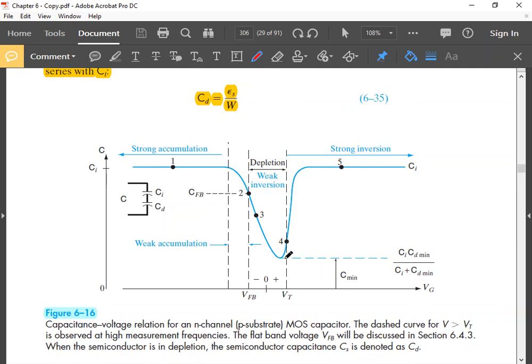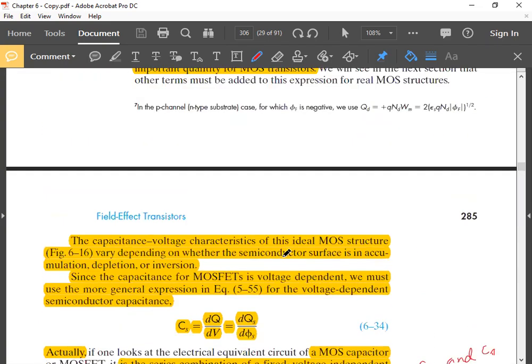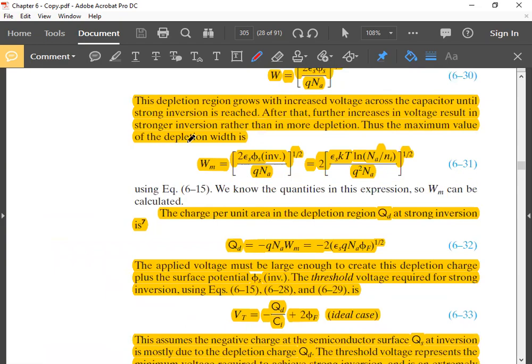Ideally, when strong inversion is achieved, the depletion layer width is maximum, WM.